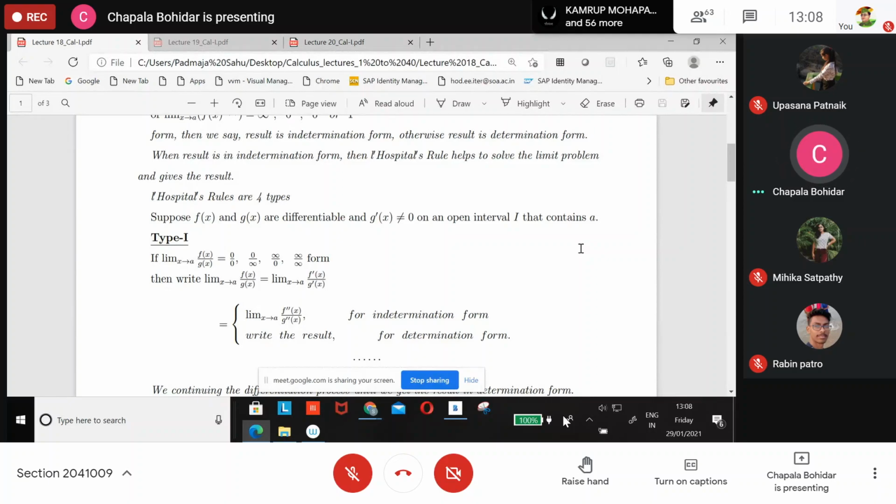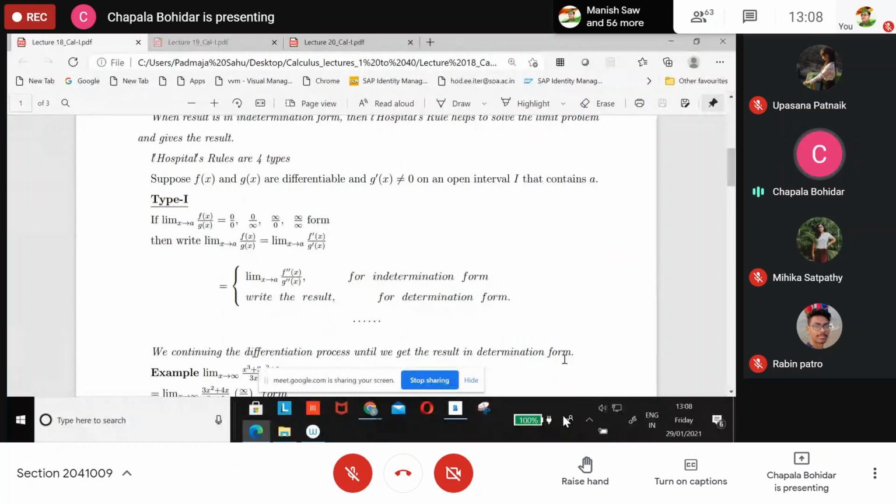So take the derivative. Again, if it is in that indeterminate form, then again you have to find the double derivative. We continue our process till we get the determinate form. Okay, it is over. Type 1.